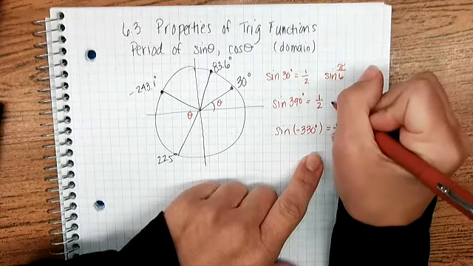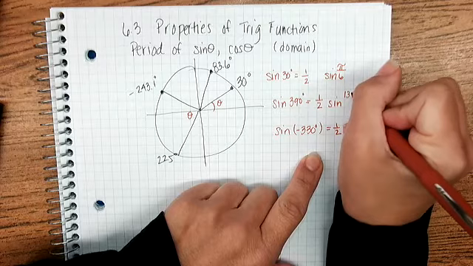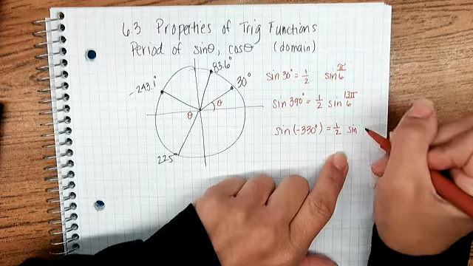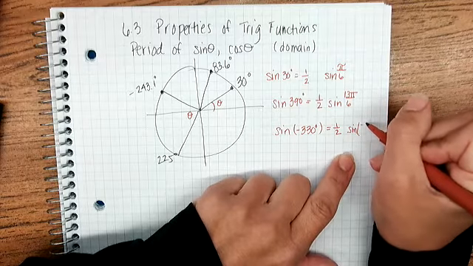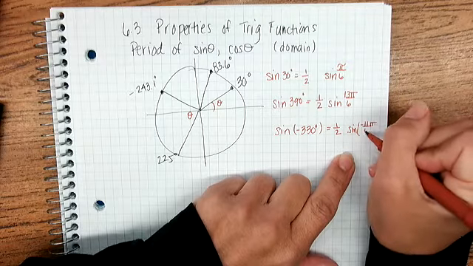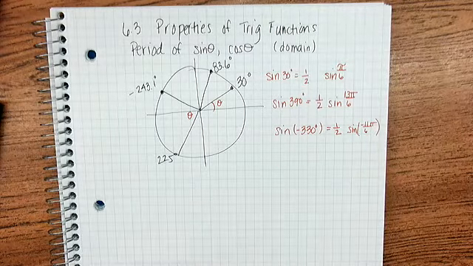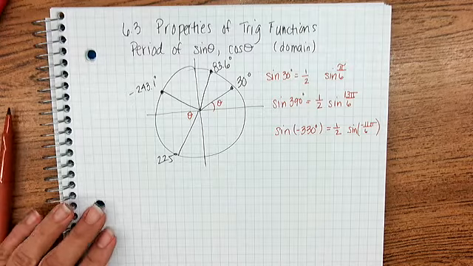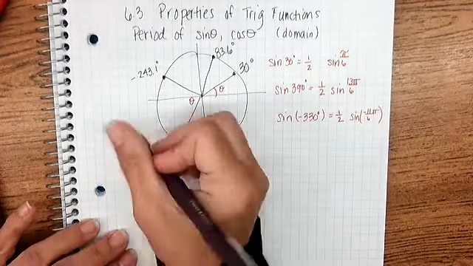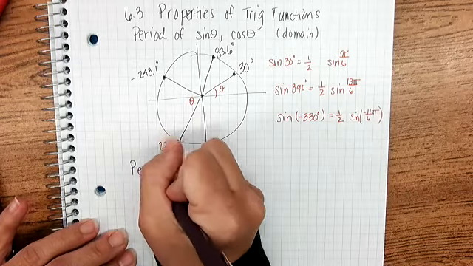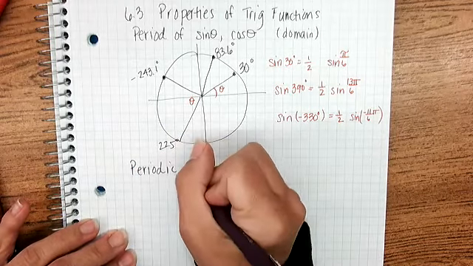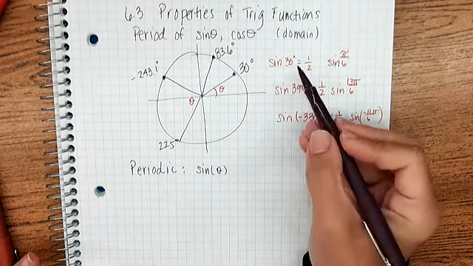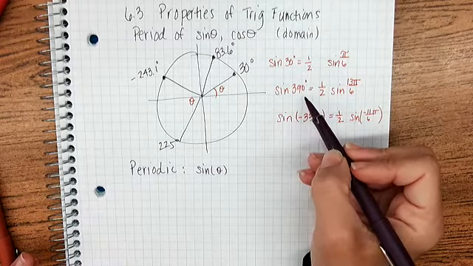Sine of pi over 6. The sine of 13 pi over 6. The sine of negative 11 pi over 6. So we're going to say that these angles are periodic, or the sine is periodic. If you take the sine of some angle theta, 30 degrees, and then add 360, that's the same.